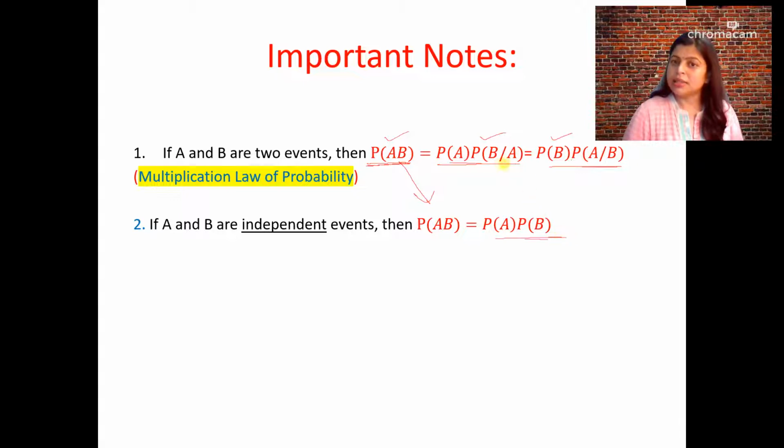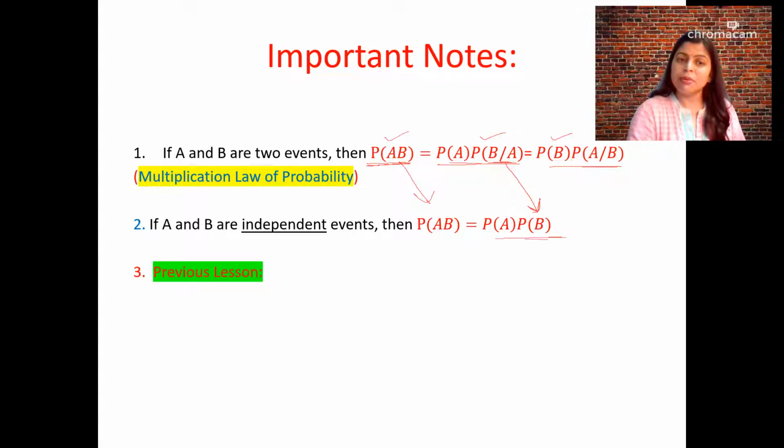Because these are not dependent, they are independent, the probability of happening B when A has already happened would be equivalent to the probability of B only. And this would be equivalent to P of B or P of A. So this is the next point.